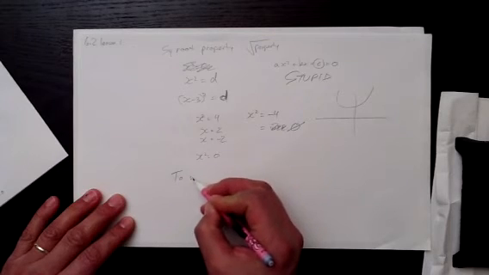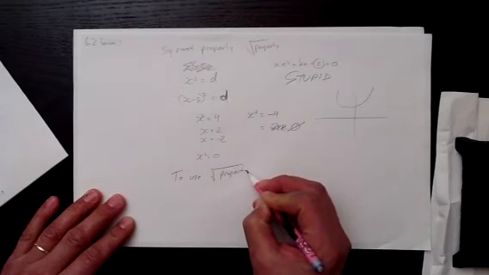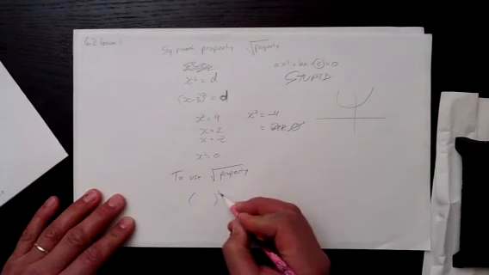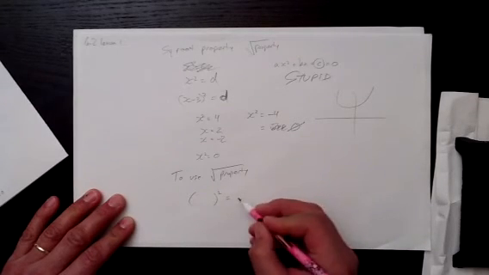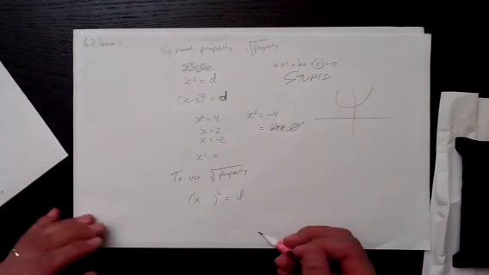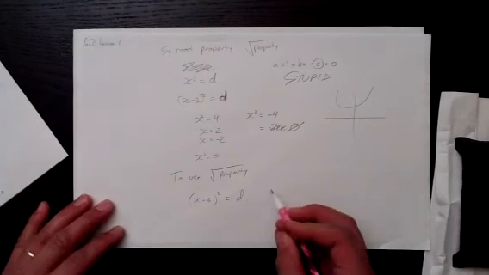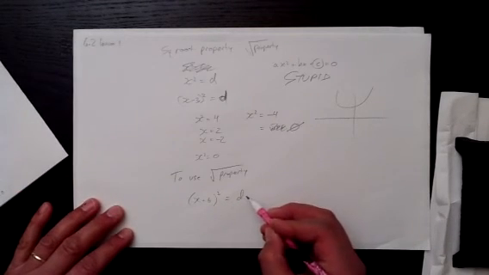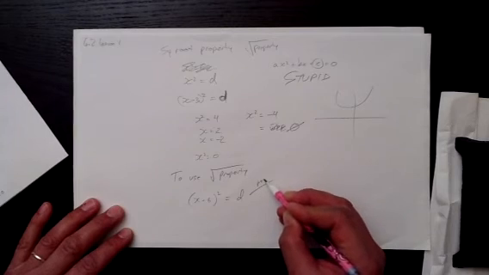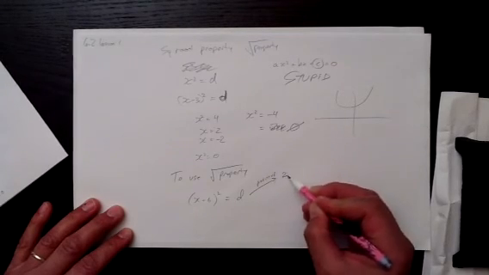to use it, you have to have something squared by itself. This has usually got x in it somewhere. It could be x squared by itself. It could be x plus 6 or whatever squared equals something. If that something is positive, then there are going to be two roots.